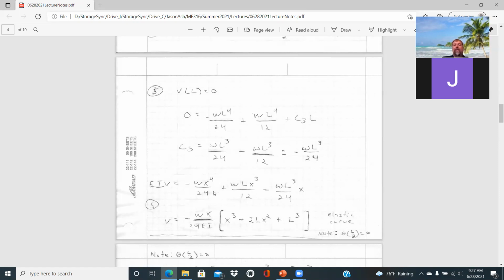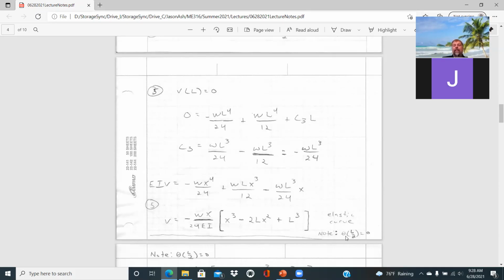I can pull an x out of all these, I can pull a 24 out, and then EI gets divided through on both sides. We'll be left with x cubed minus 2Lx squared plus L cubed when we simplify that down. And so that is the elastic curve.